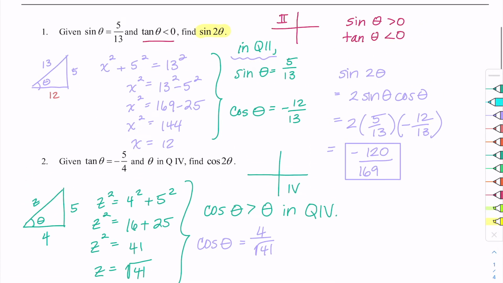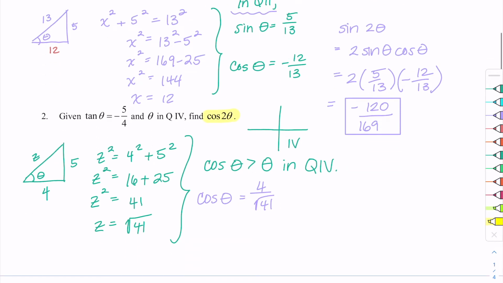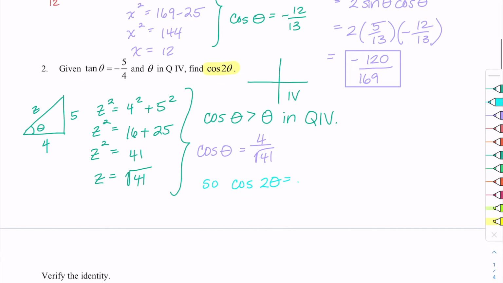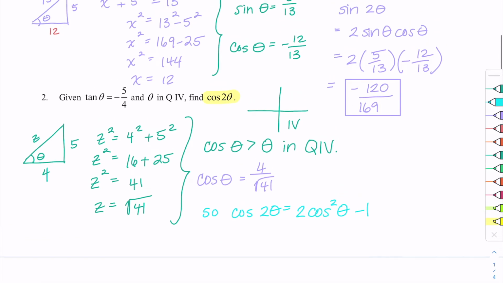So now let's go ahead and use our formula. They asked us to find the cosine of 2 theta. So the cosine of 2 theta is 2 cosine squared theta minus 1.